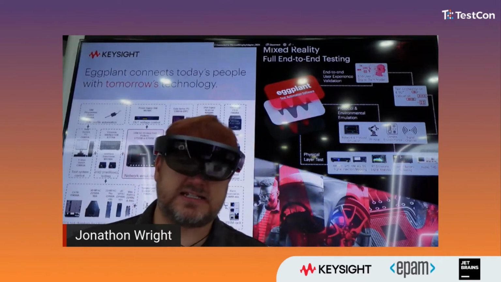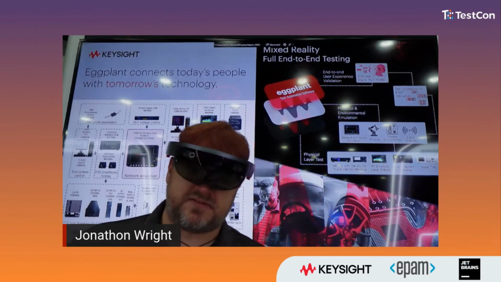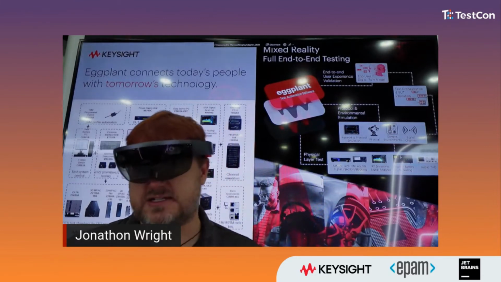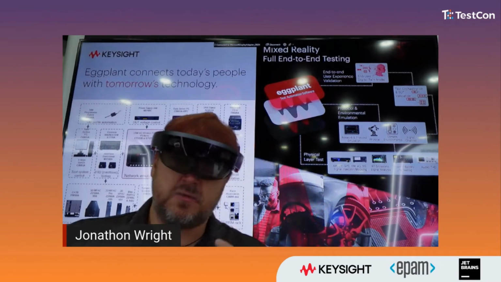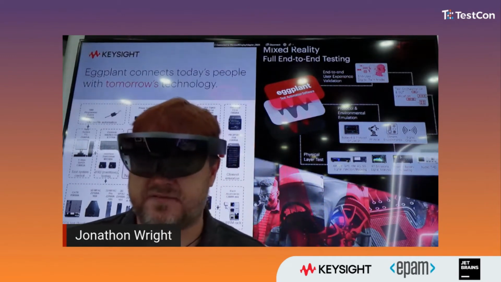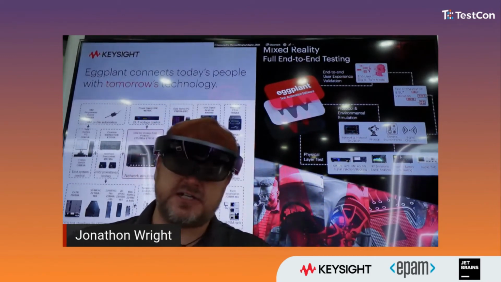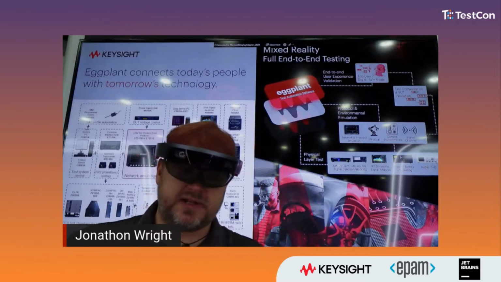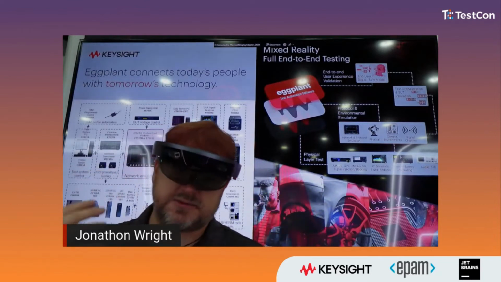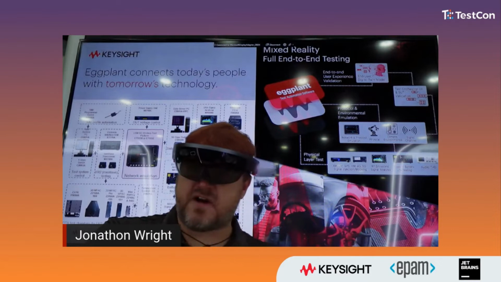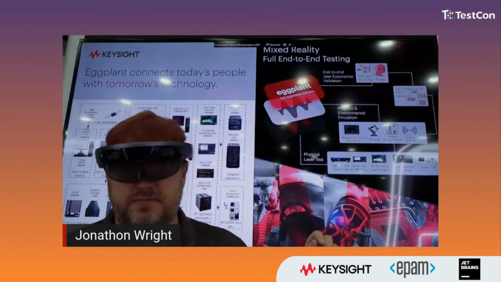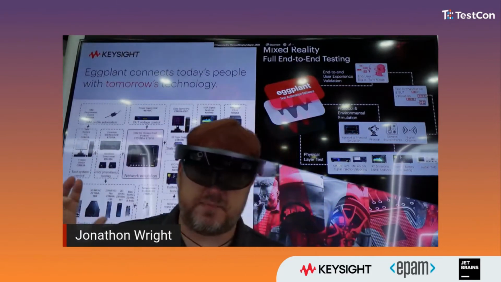So how do we test this? Because it's a completely different type of device. What you see on the left-hand side is all of the different technologies that we have as part of the Keysight heritage capability. We can put devices like the HoloLens, which I'm wearing at the moment, into an environmental chamber, which you can see in the bottom right-hand corner of this picture.